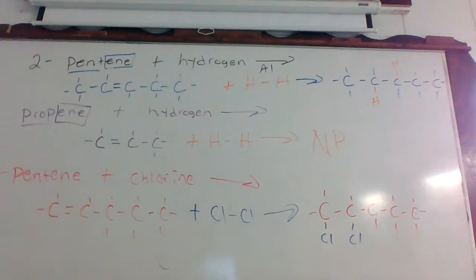So what was our final product then? How would we name that on the right? Yes, that is correct. Plus the comma. 1, 2-dichloropentane.